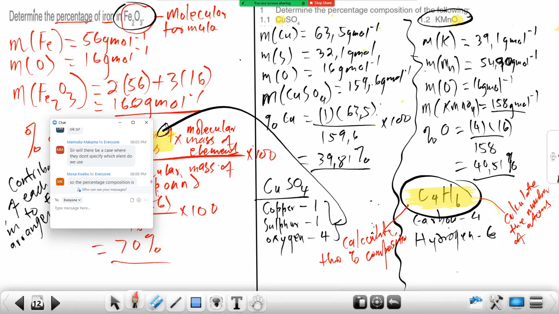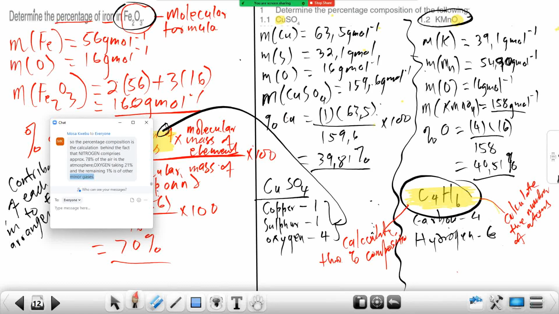So if you check the question itself, it says determine the percentage composition of the following. Basically what they are saying is calculate for each and every element. I did not want to waste our time because I'm just stressing the approach to this particular question. But in an exam, obviously they will specify. If they don't specify, you calculate for each and every element that is there.